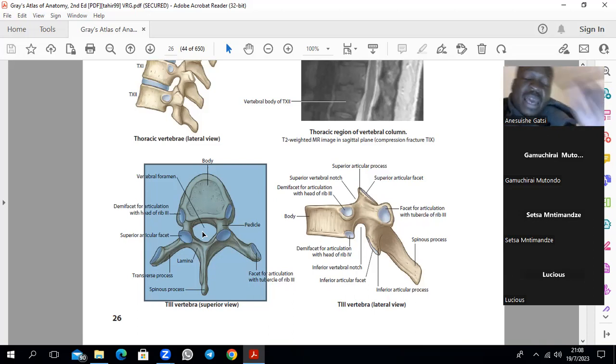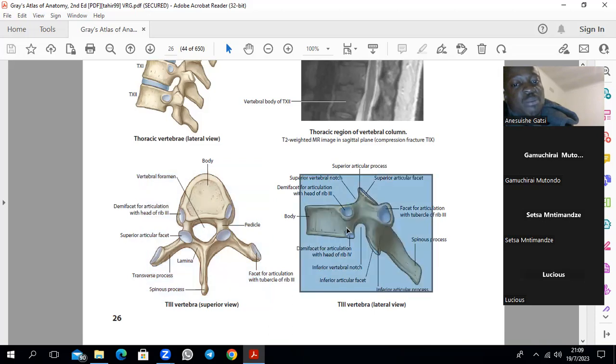Okay. So there is always a distinguishing feature for a vertebra, something that is unique about it, which you don't find in any other vertebra. For example, for cervical vertebra, I told you about the bifid spinous process. I also told you about the foramen transversarium. For this one, there are facets on the side of the body.